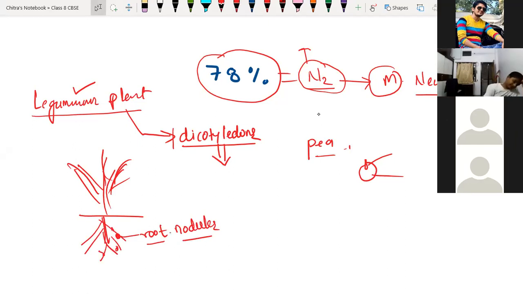If you observe root nodules under the microscope, you will find rhizobium bacteria growing there. These are the rhizobium bacteria.